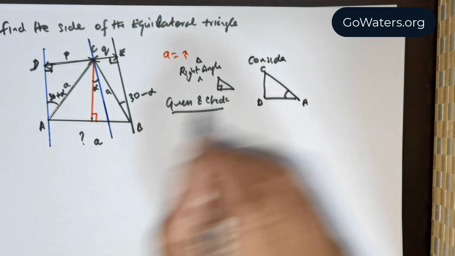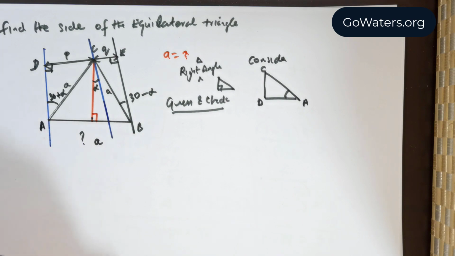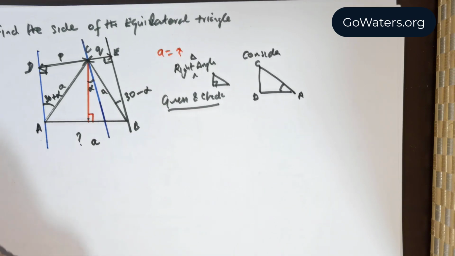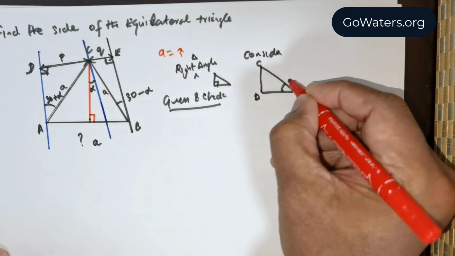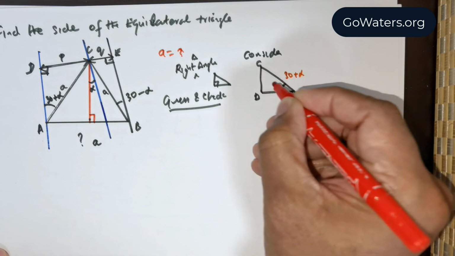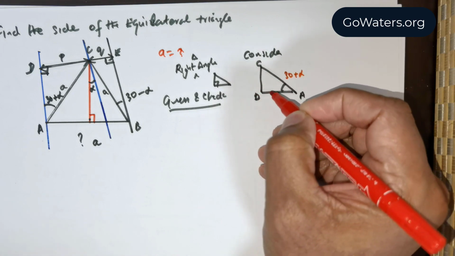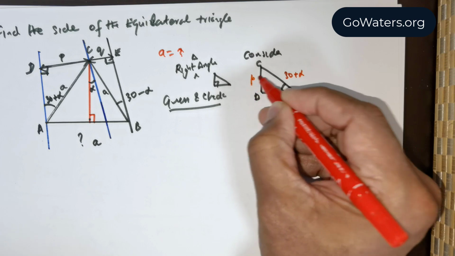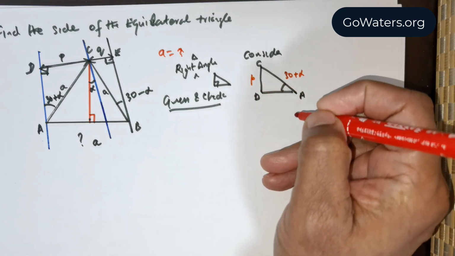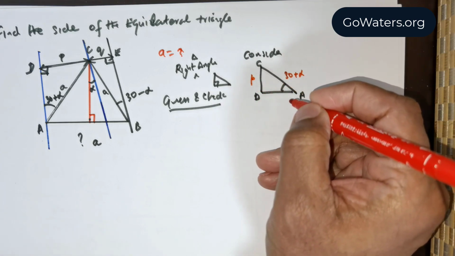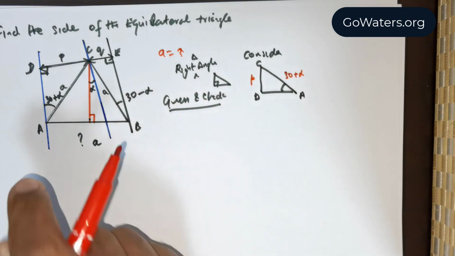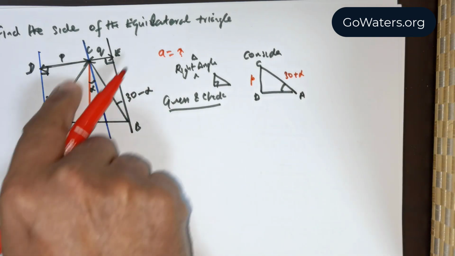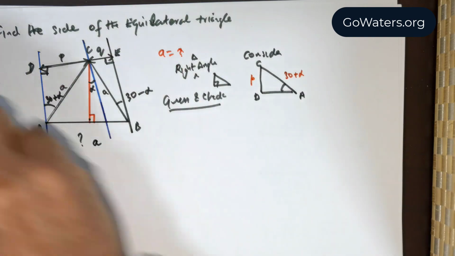So this angle is going to be 30 plus alpha, and this distance between D and C is going to be P. We know it is P, right? And this hypotenuse is A units.